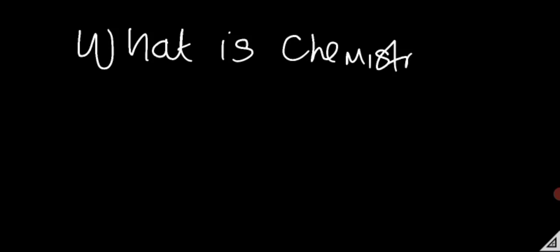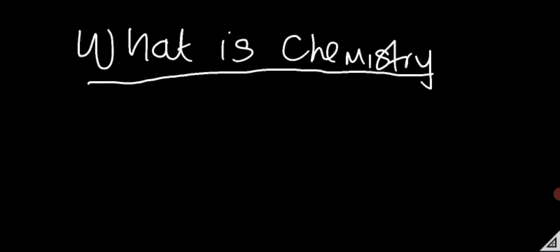So first, let's talk about what chemistry is. Chemistry is the study of matter, its properties, and how and why substances combine with other substances. Chemistry studies matter and its properties. Matter is anything that has mass and occupies space, and matter basically exists in three forms: solid, liquid, and gas.